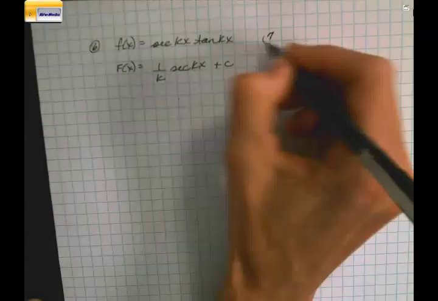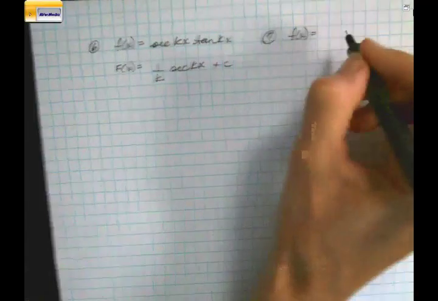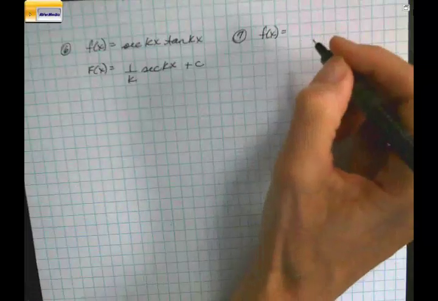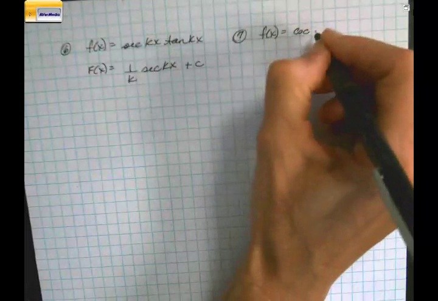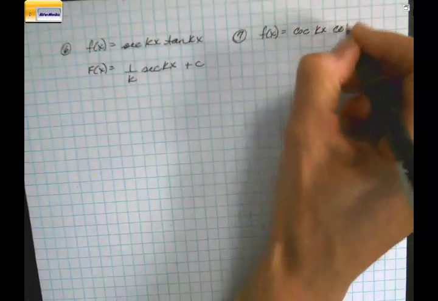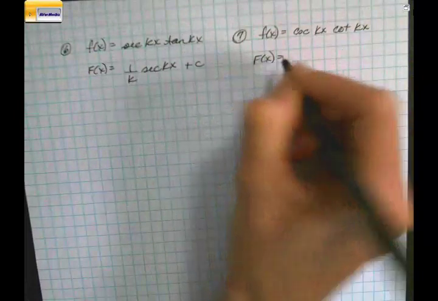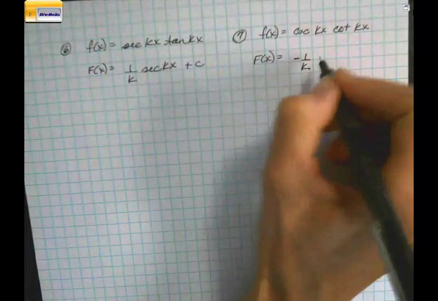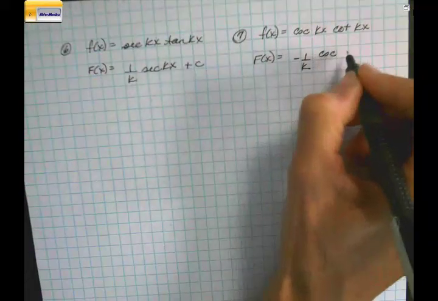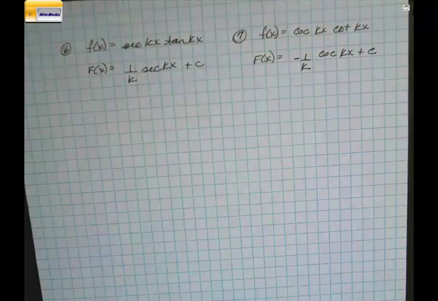And then one more. If your function, or like your derivative of your function, is cosecant kx cotan kx, then your antiderivative is a negative 1 over k cosecant kx plus c.